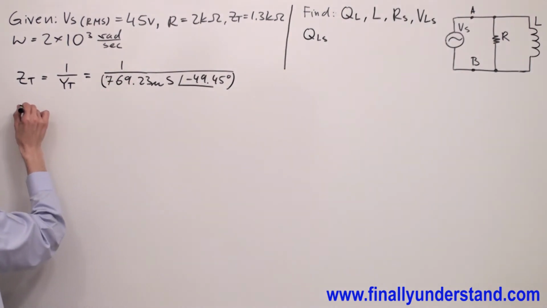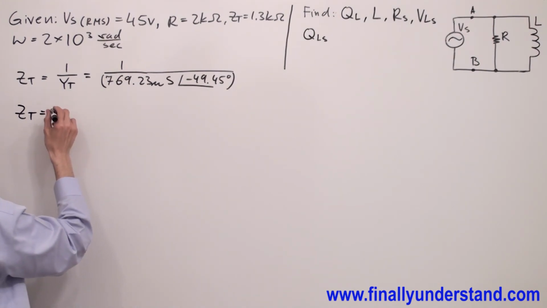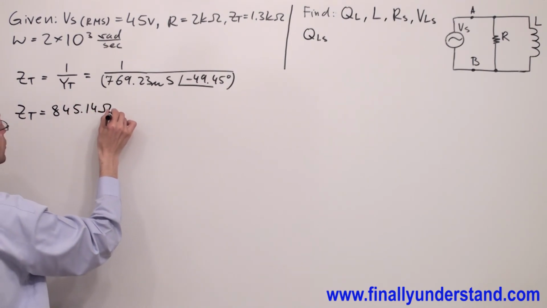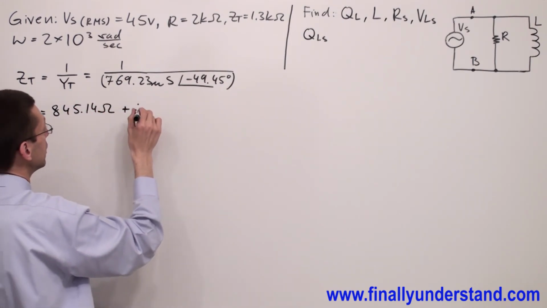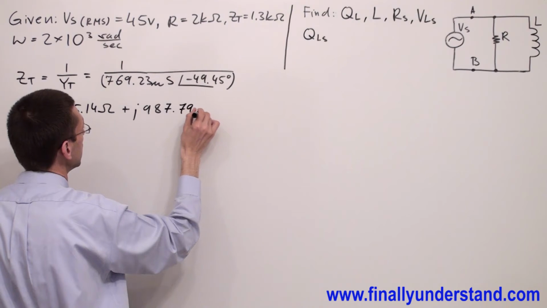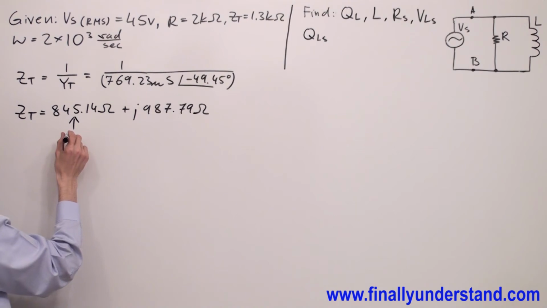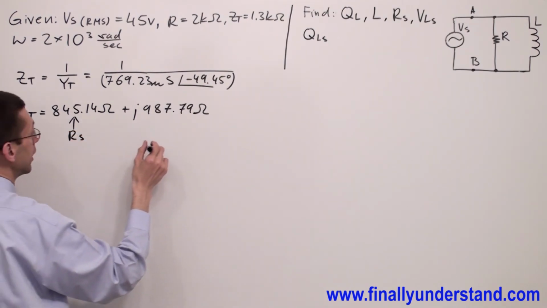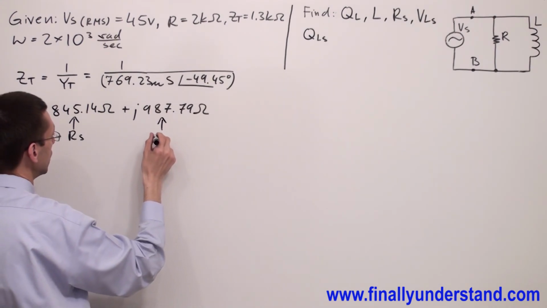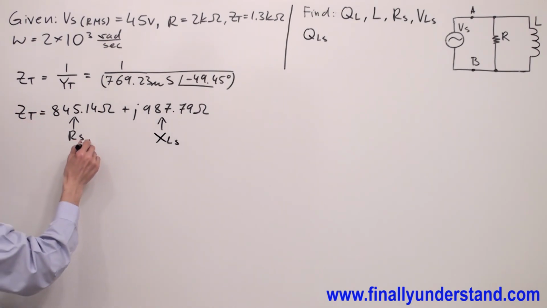So I have Z total is equal to 845.14 ohms plus j 987.79 ohms, where the real part of my answer is Rs and the imaginary part of my answer is nothing else, just X of Ls. Okay, so I found Rs.